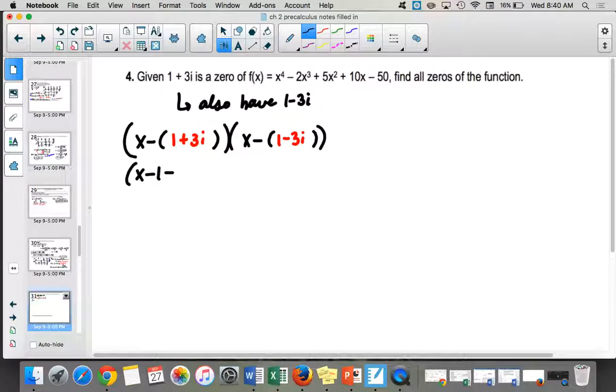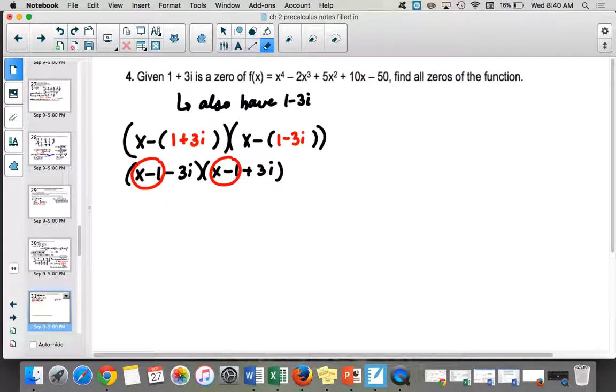So we distribute the negative. So we have x minus 1 minus 3i and x minus 1 plus 3i. And then we're treating this x minus 1 as like a single term. So previously, that's when I was writing it as w minus 3i times w plus 3i, so you could see it. When you FOIL that out, you'd have w squared minus 9i squared. All of the outer and inner terms would cancel.